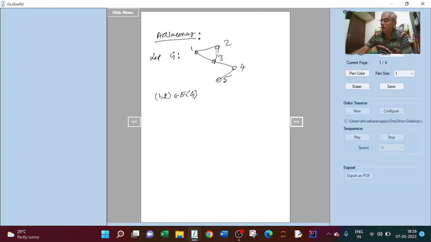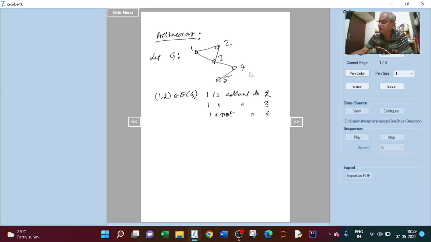So 1 is adjacent to 2, and conversely, 2 is also adjacent to 1. Is 1 adjacent to 3? Yes. Is 1 adjacent to 4? No, because there is no edge joining 1 and 4.